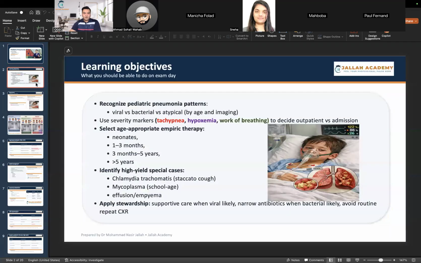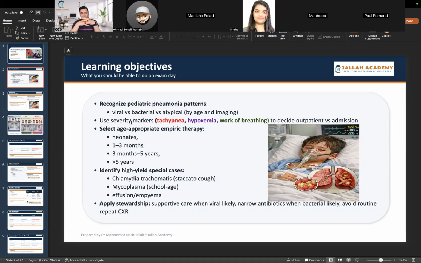All right. So, learning objectives, what you should be able to do on the exam day. Recognize pediatric pneumonia patterns. So remember, when we are dealing with pneumonia in the pediatric population, it is viral versus bacterial versus atypical. So we need to know which one is which.